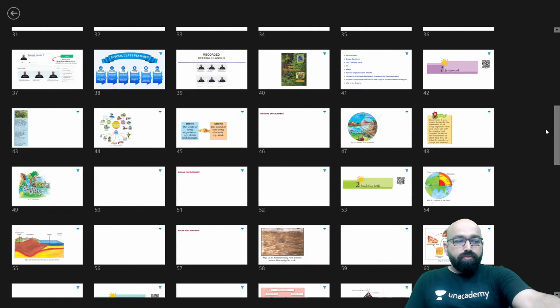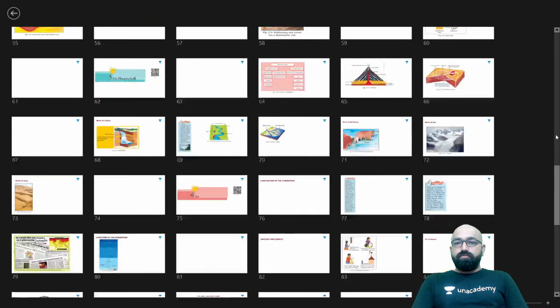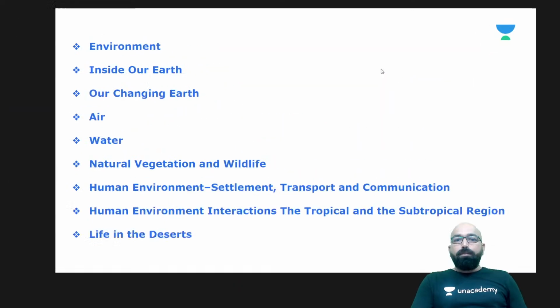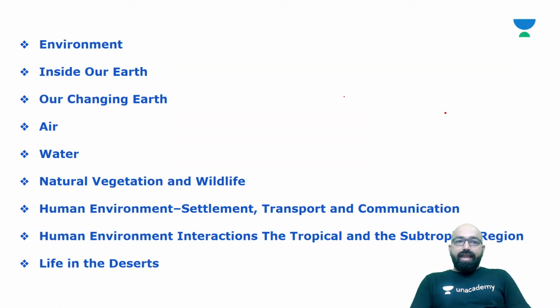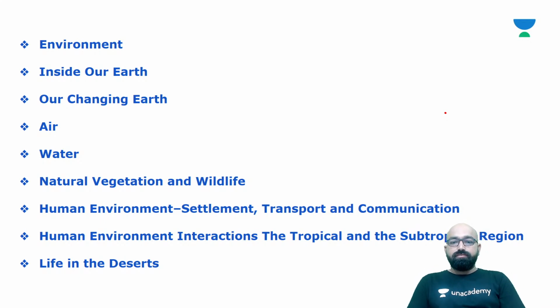In class 7th NCERT, we will continue with topics like environment, inside our Earth, our changing Earth, air, water, natural vegetation and wildlife, human environment settlement, transport, and communication, human environment interactions, the tropical and the subtropical region, life in the deserts.